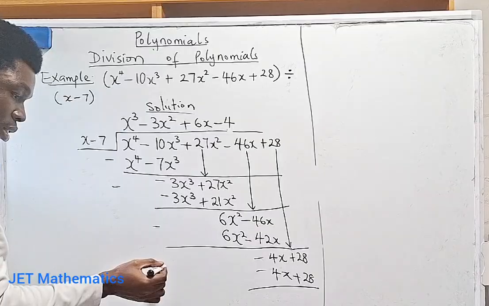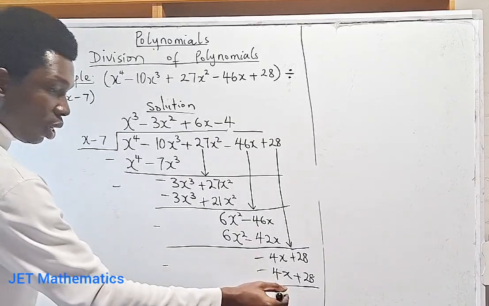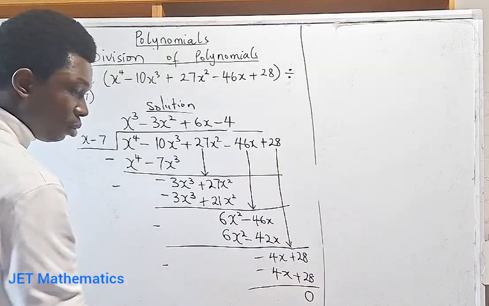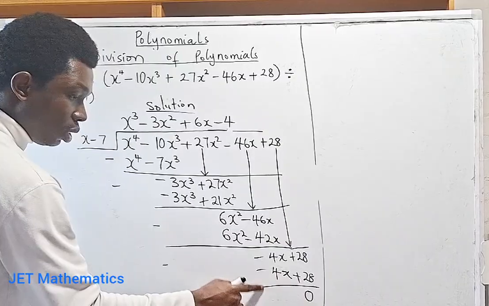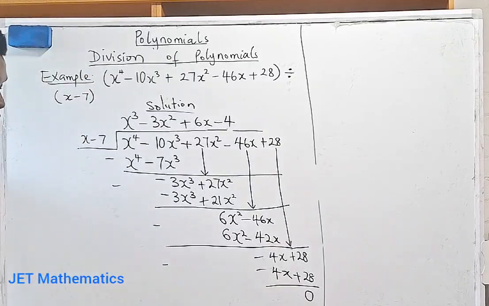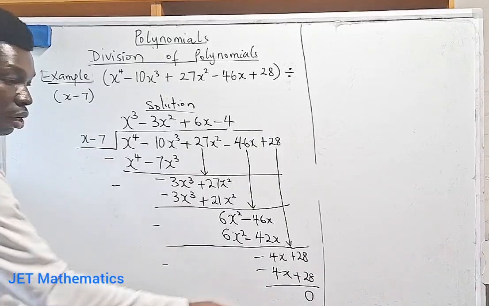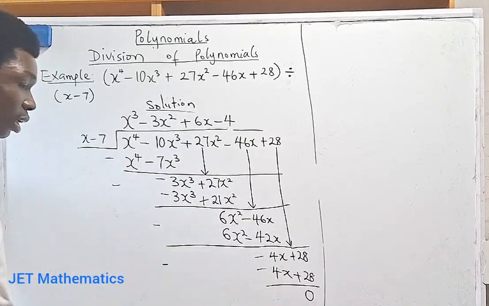Again, if we subtract this, we're going to get 0 at the end. So this is the end of the division. We have 0 at the end.